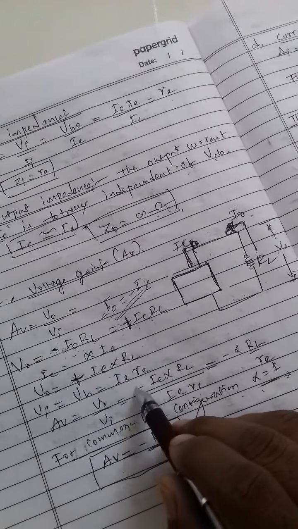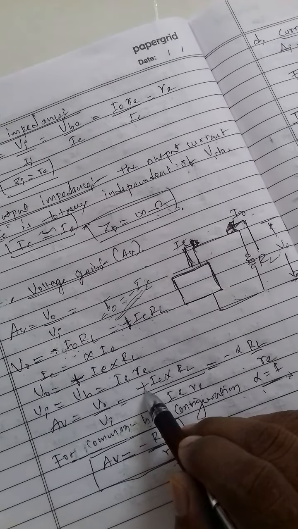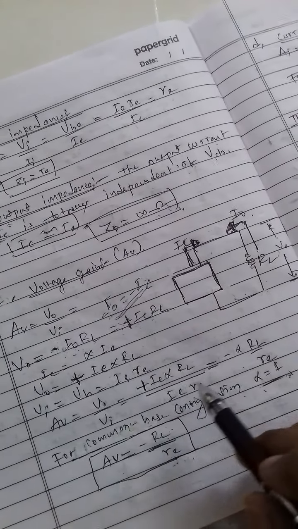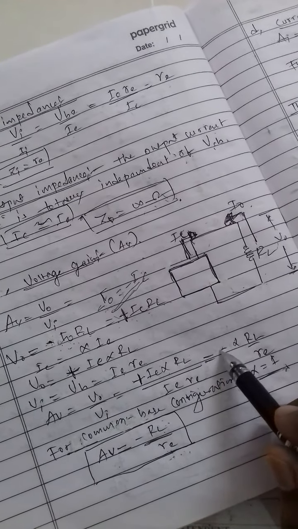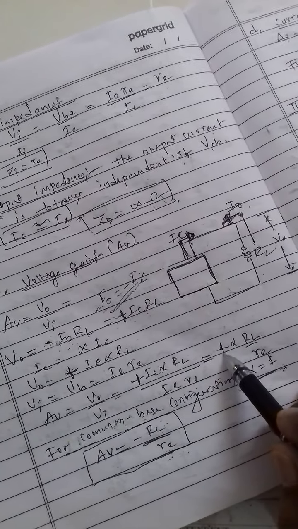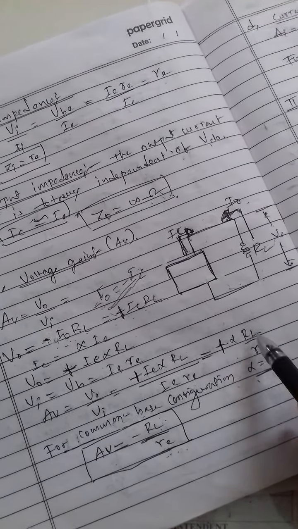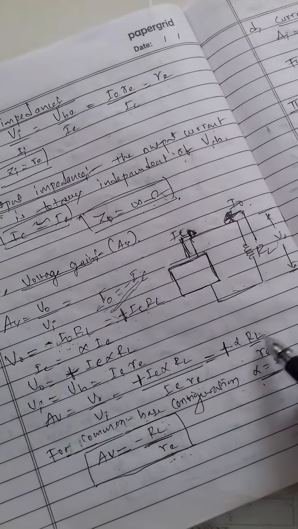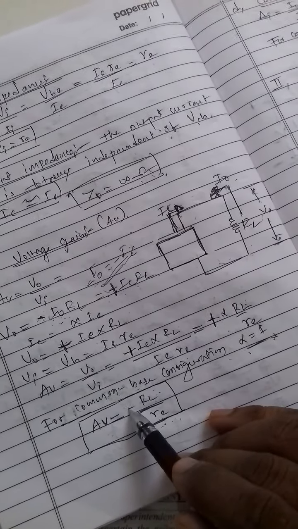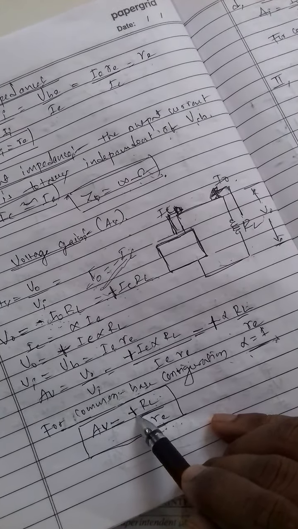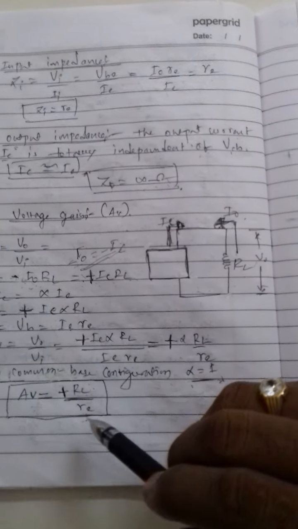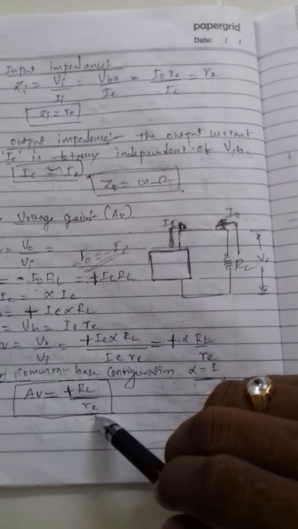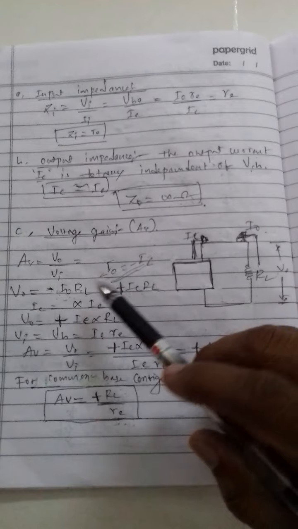From that, the equation for the voltage gain of the common base configuration is plus alpha RL upon RE, which is positive. Voltage gain is equal to RL upon RE for the common base configuration.